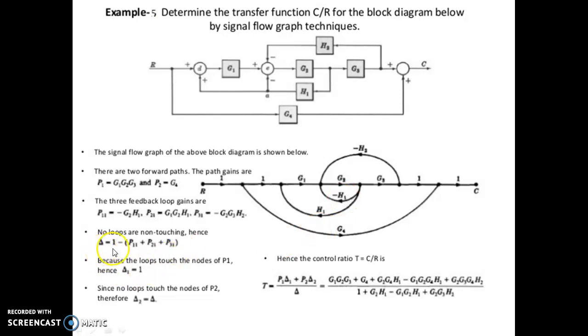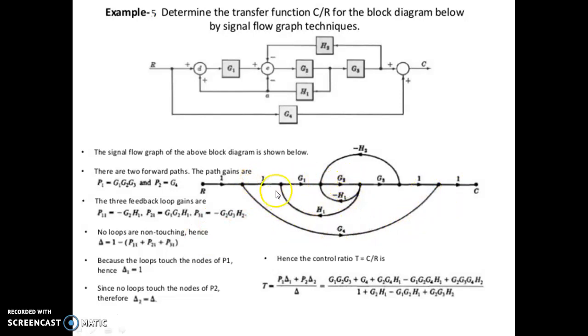Okay, then delta 1 minus loops. So 2 forward paths, so delta 1 and delta 2. Delta 1 minus loops, one loop is there where all are touching, so only one. Delta 2 here, right?